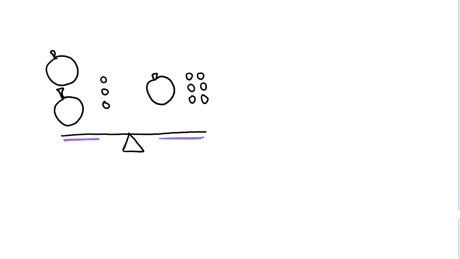Well, this is a balance beam, right? So we can take away the same amount of weight from both sides, and the beam will still be balanced. Maybe that will clarify what we're looking for. Here, if I take away 1 coin, maybe I'll use red here, from the left side and 1 coin from the right side, I'm taking away the same amount of weight, so the balance beam should still be balanced.